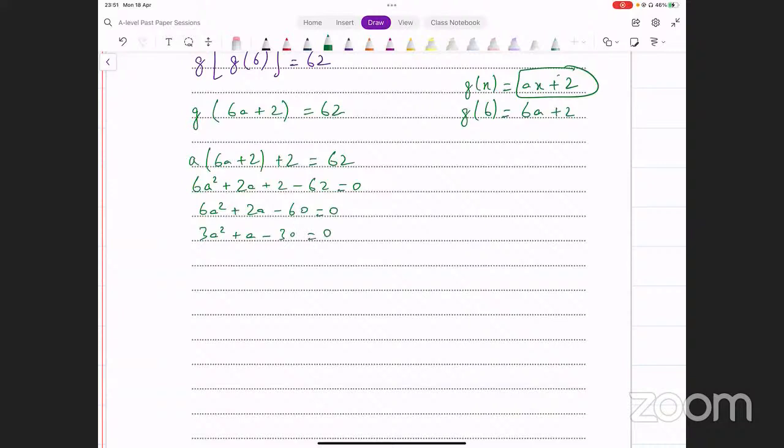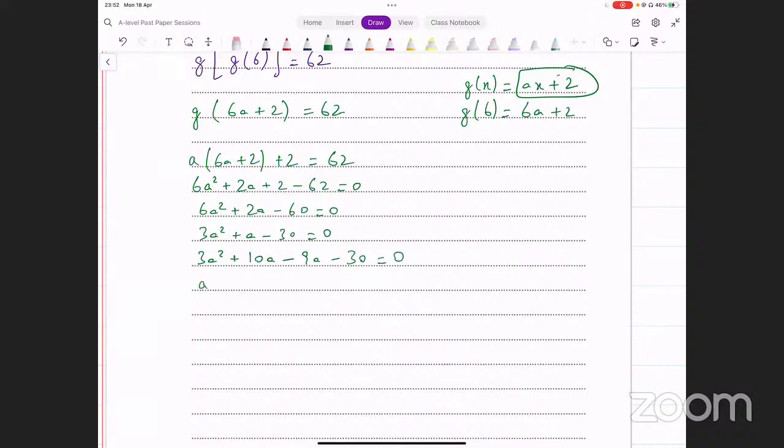Can we factorize this? 90 comes up, and we can have factors of 90 like this. So 9 and 10, yeah, we can use 9 and 10. That's going to work. 3a square plus 10a minus 9a minus 30. Again, if you find factorization difficult, input the values in the quadratic formula and write the answers. That's okay.